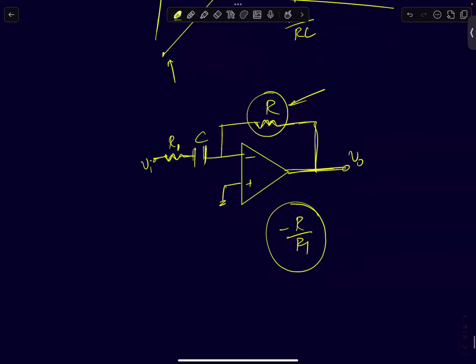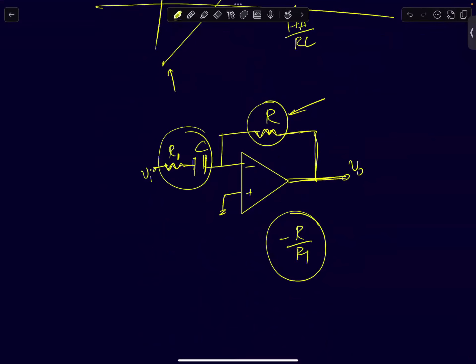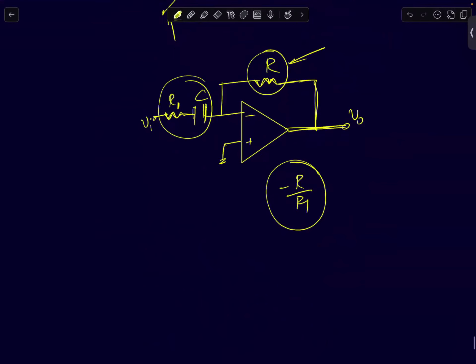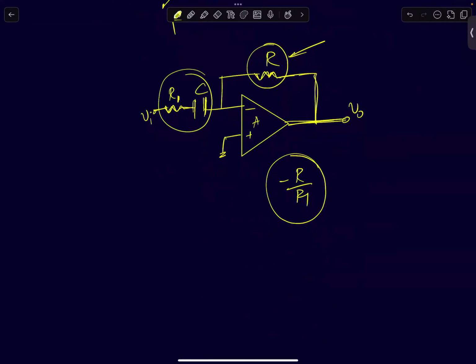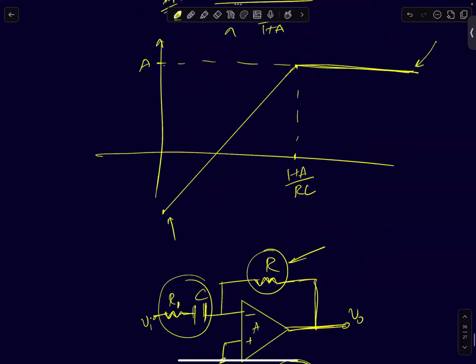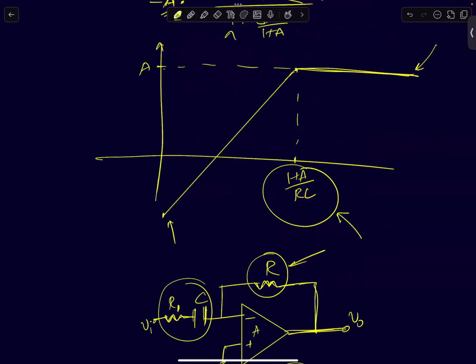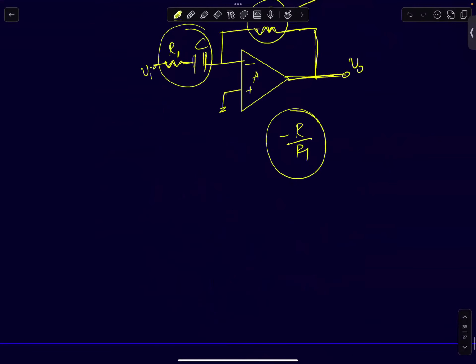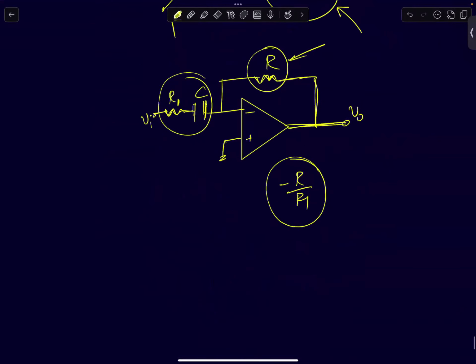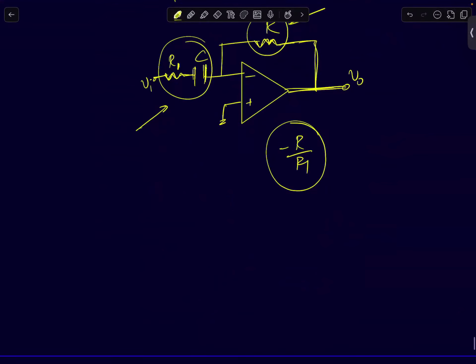Okay, so now the moment I introduce a resistor, R1C, we'll treat this like an ideal op-amp. See, A is a very large number, so this pole will occur at a very high frequency, so you can ignore this. So we'll treat this op-amp like an ideal op-amp and try to draw the transfer function for this. You can also use mathematics and directly draw it, but let's use basic intuition, right?